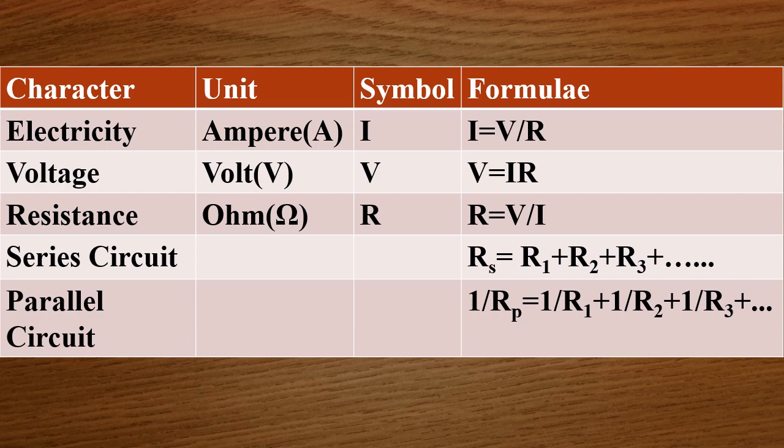The resistance will be like the number of the devices. Parallel circuit: in a parallel circuit, the formula will be like this: 1 by Rp is equal to 1 by R1 plus 1 by R2 plus 1 by R3 and so on for so many resistances.